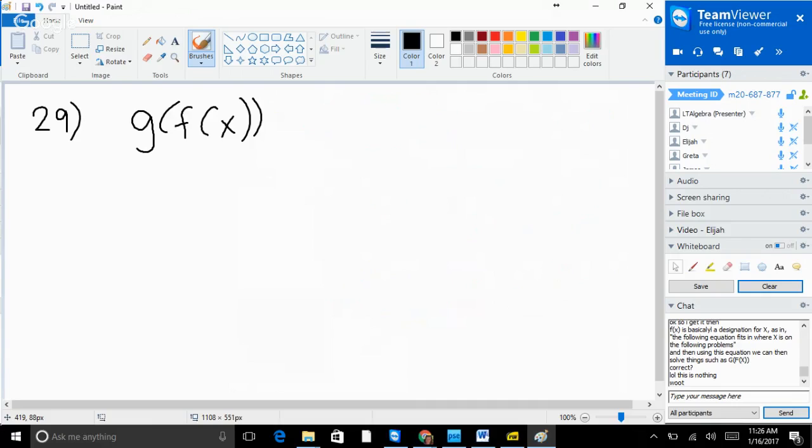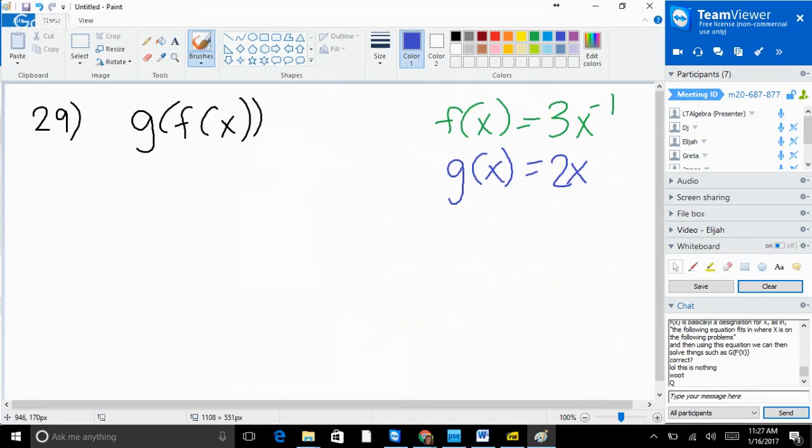What's given is that f of x equals 3x to the negative 1 power, and g of x equals 2x minus 7.